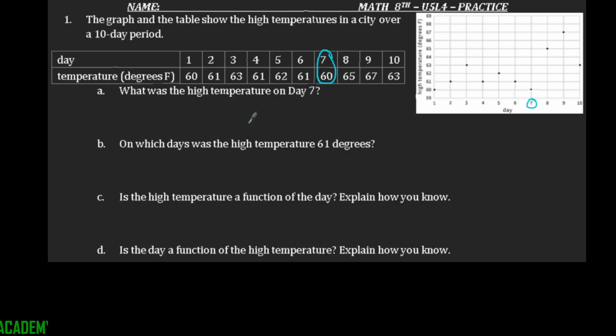I personally like to use the table. It's a little bit easier to read. So I'm going to say it's going to be 60 degrees. Then it says which days have a high temperature of 61 degrees. So we're going to say day 2, day 4, and day 6.